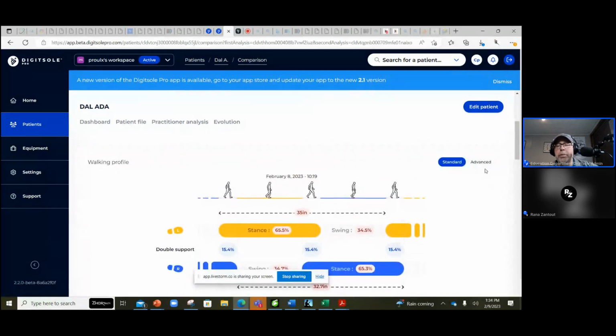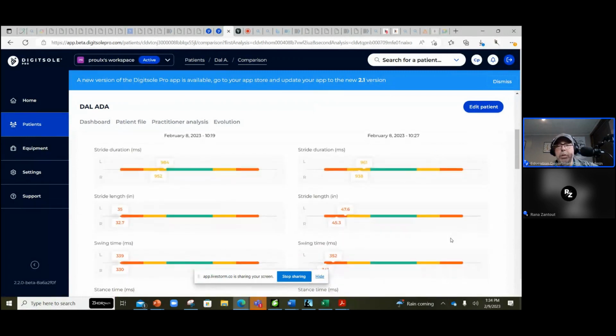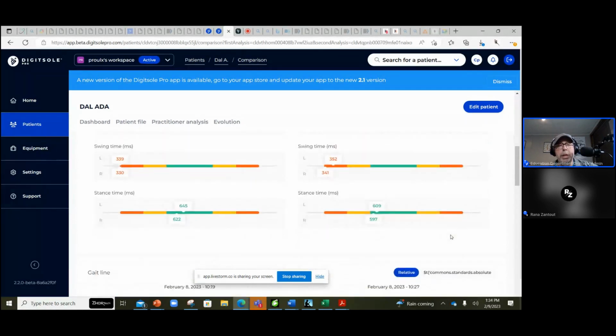And let's click on the advanced. And so I especially want to look at and see at his 3 miles per hour, I want to see what that looks like, because remember that that's the average speed that most people should walk at. And here's what we see here. His swing time remains being relatively short.